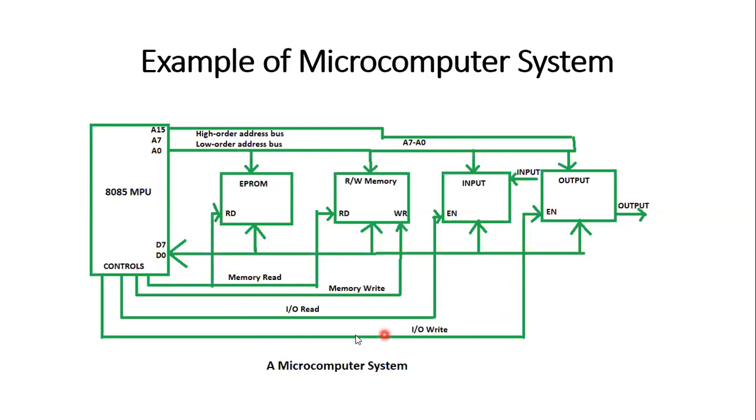In order to write, the control signal is low and the enable signal is high. And the other peripherals that are not enabled remain in high state.